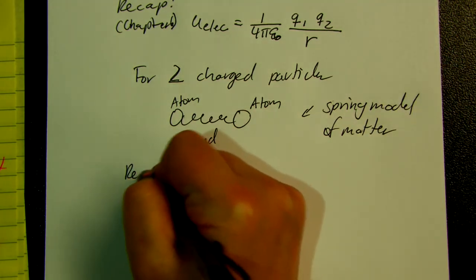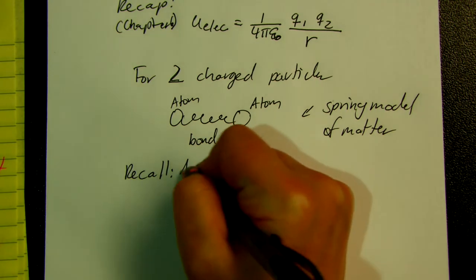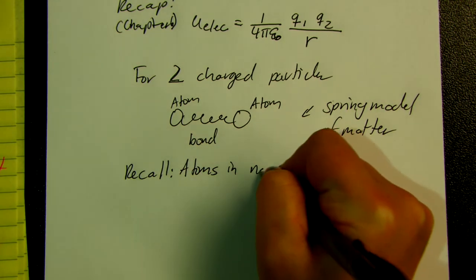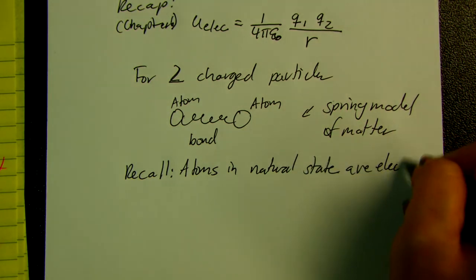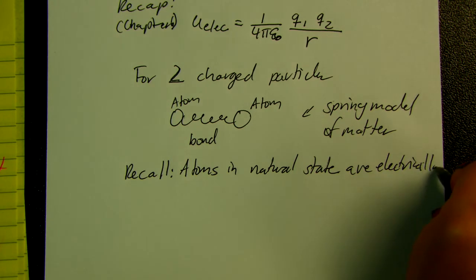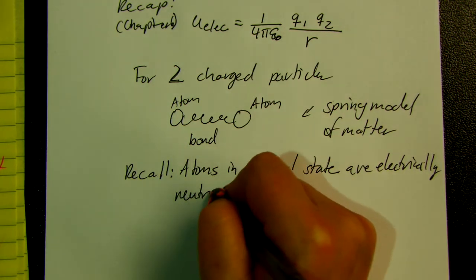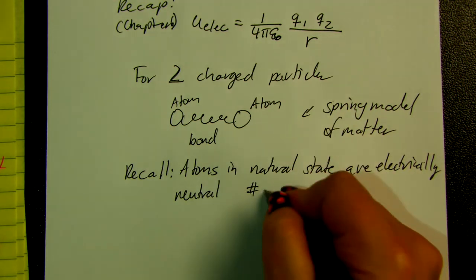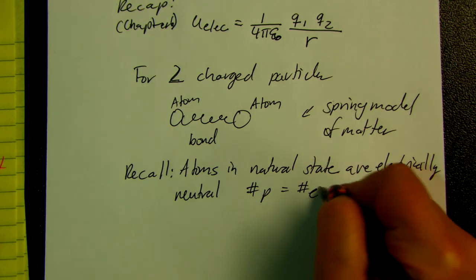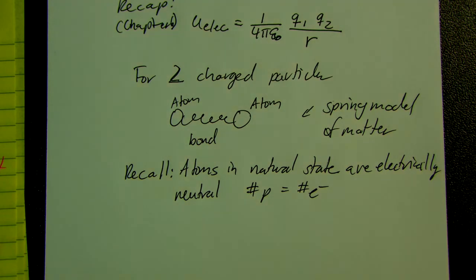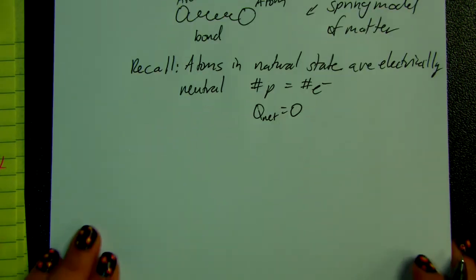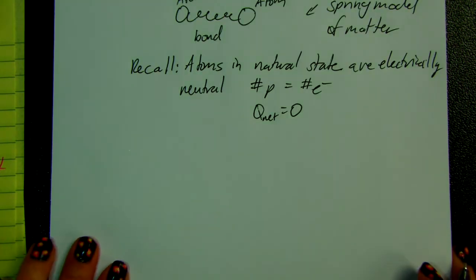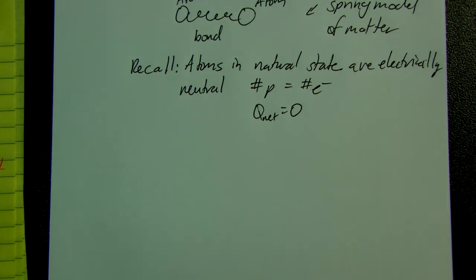And we have also talked about that atoms in their natural state are electrically neutral, meaning the number of protons will equal the number of electrons, giving you a net charge of 0. Okay, so let's think about then how electric potential energy relates to atoms.